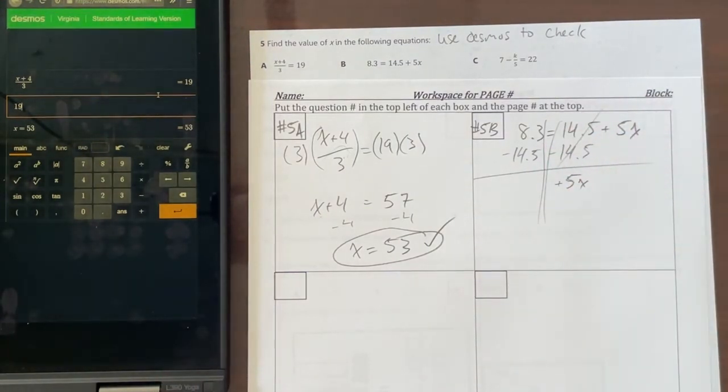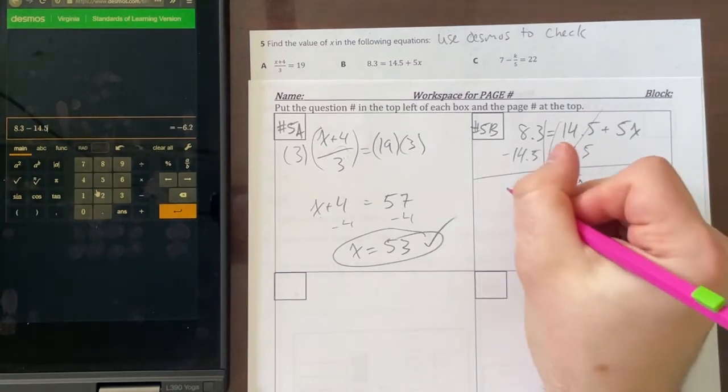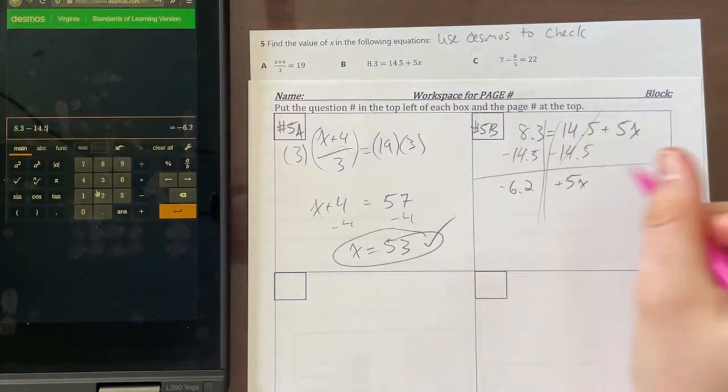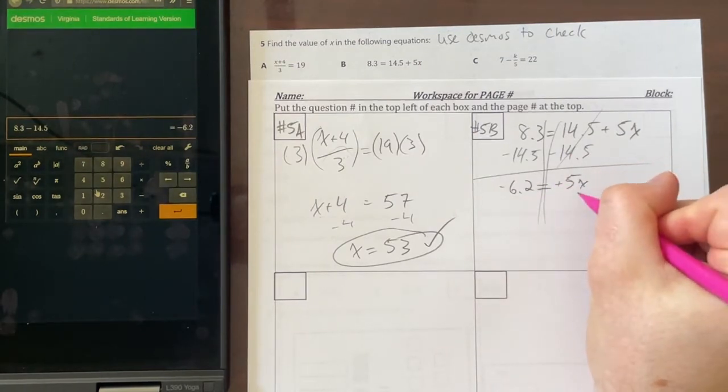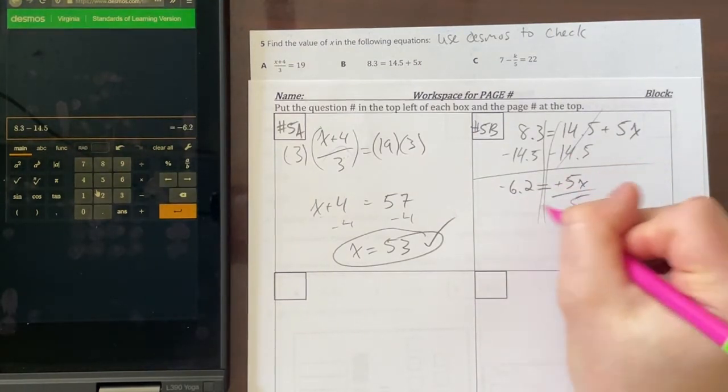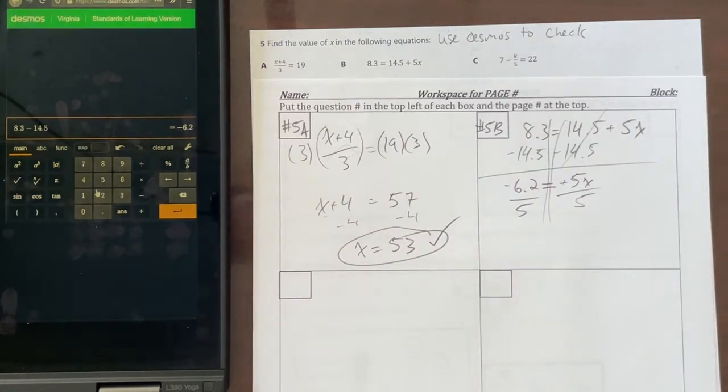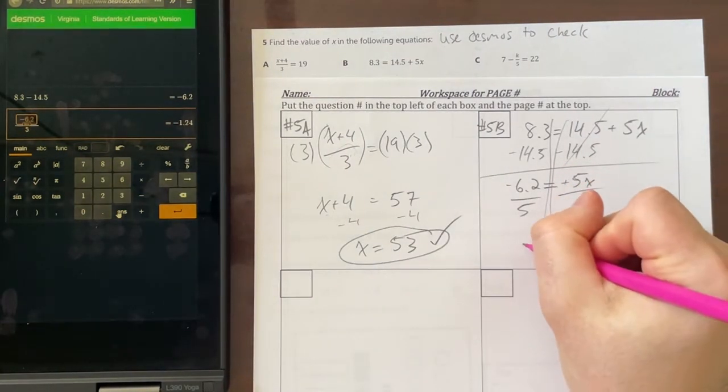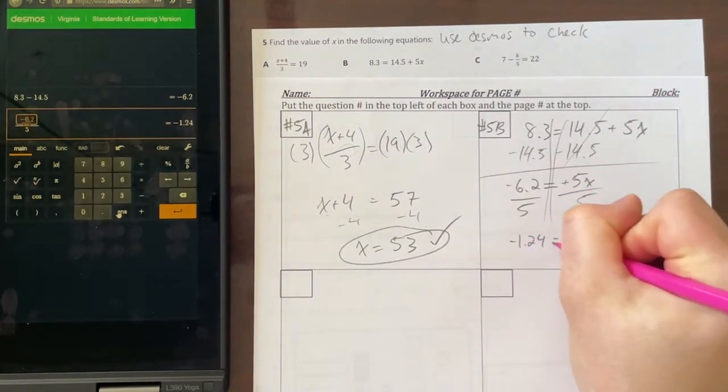And then let's use that Desmos calculator to make sure we get those values correct. So we have 8.3 minus 14.5, and so this is going to be negative 6.2 is equal to 5x. Divide both sides by 5. So I have to take that answer, divide by 5. And so we're going to say negative 1.24 is equal to x.